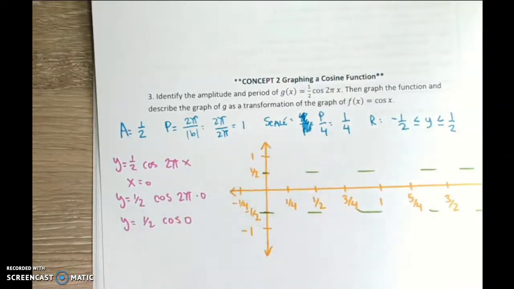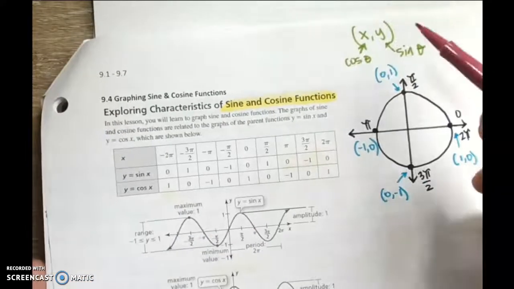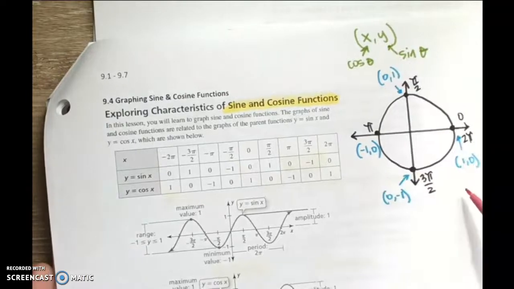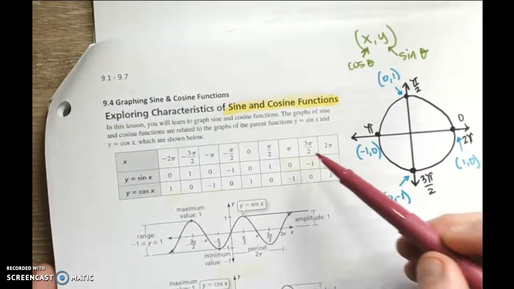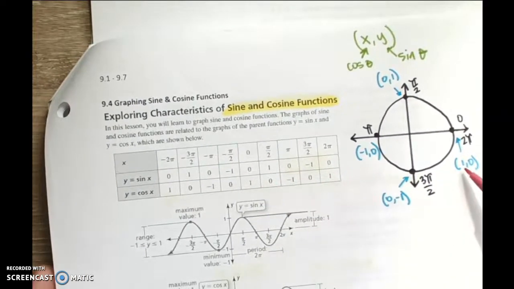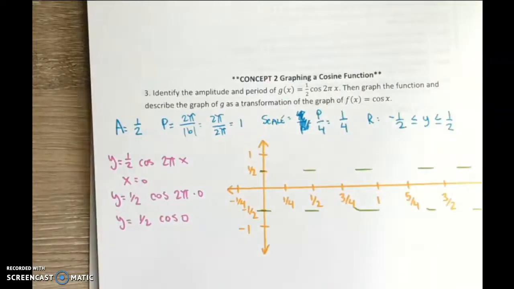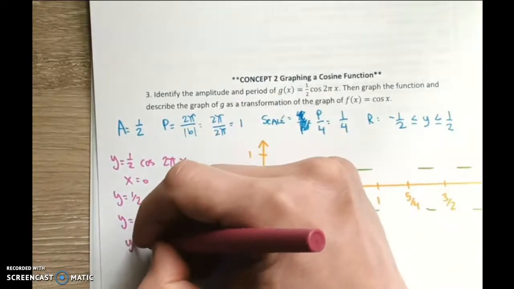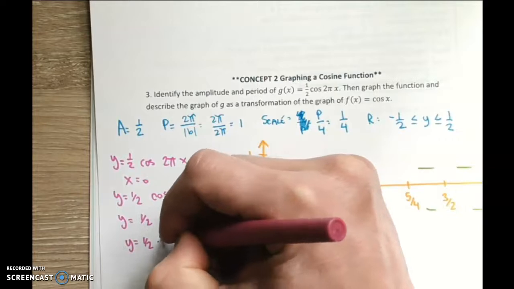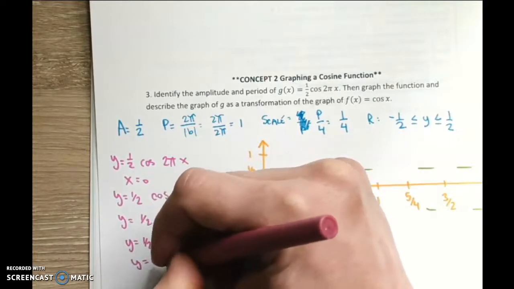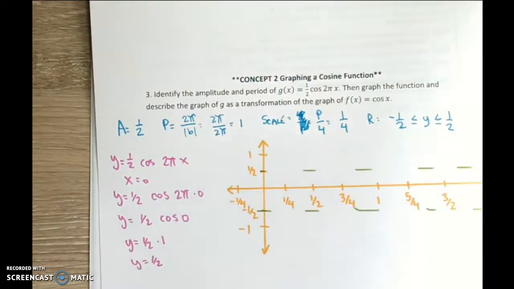What's cosine 0? Cosine is the x value, right? So cosine 0 is 1. You can even see (0, 1) right there. So now I have y equals 1/2 times 1, y equals 1/2.